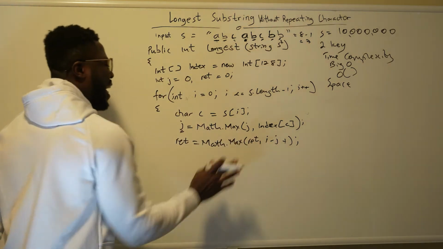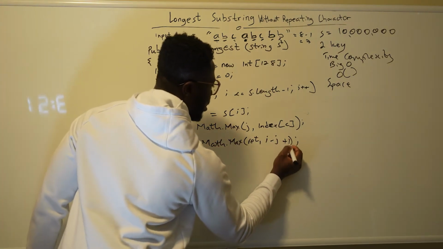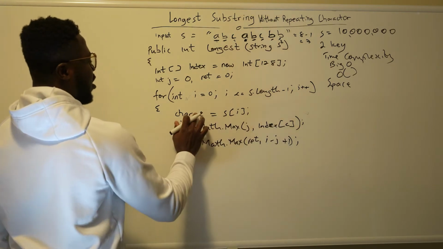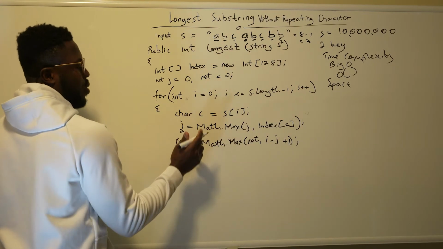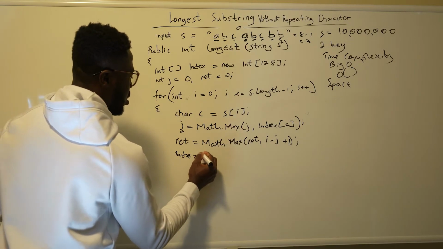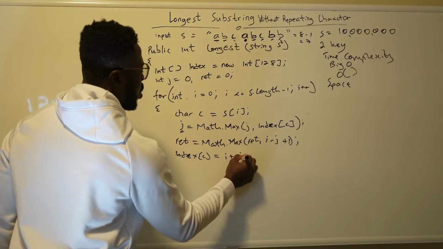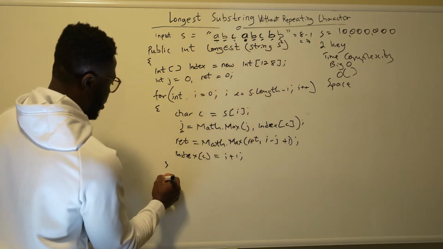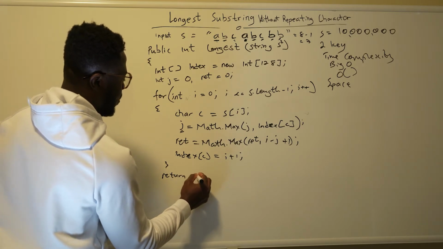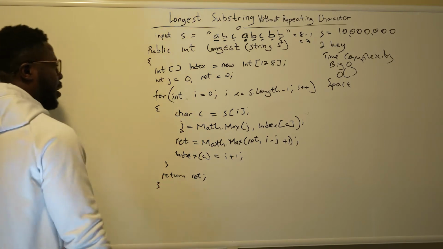That part is a little bit tricky. So we add 1. Then we set the actual character's index, index c equals i plus 1. Afterwards, we return the return data.